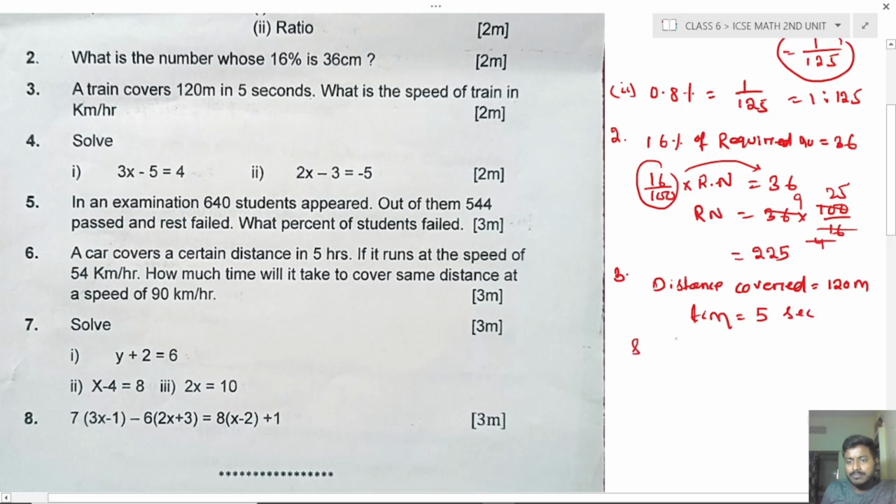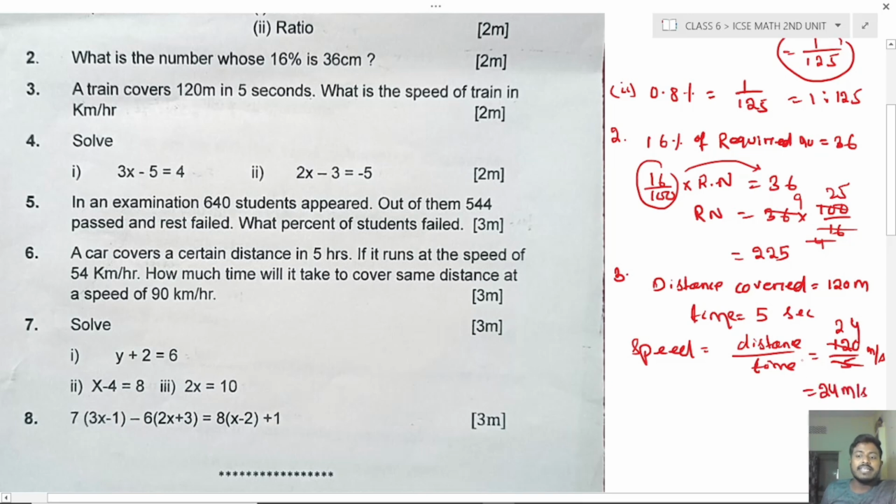So tell me what is the speed. So speed equal to, the formula is distance upon time. Distance divided by time. Now put the value, that is 120 divided by 5 meters per second. So 5 twos are 10, 5 fours are 20, means 24 meters per second.